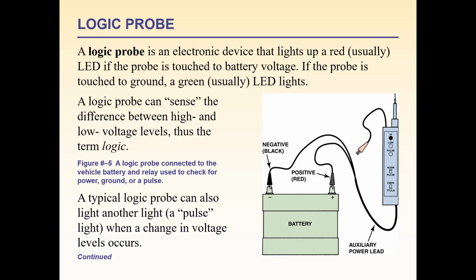It differentiates between the source and the sink. When this logic probe is connected to any changing frequency or changing current, it will give us a pulse light. That indicates there is a change in the measurement. So this is a very nice equipment. We call that a logic probe.